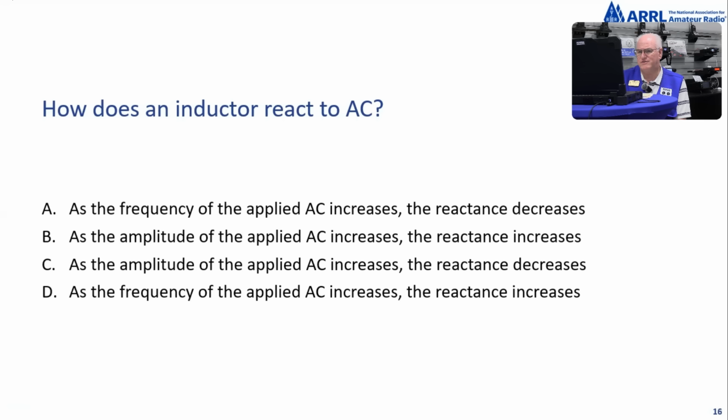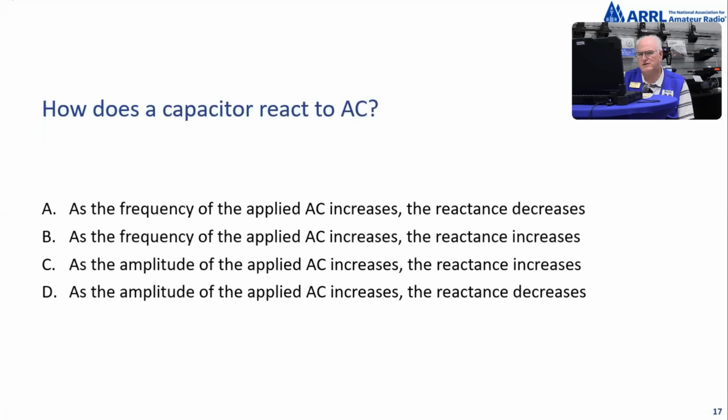How does an inductor react to AC? As the frequency of the applied AC increases, does the reactance decrease, or does it increase? All right, so as the frequency of the applied AC increases, the reactance increases, which is D. As the frequency goes up, the inductive reactance goes up.